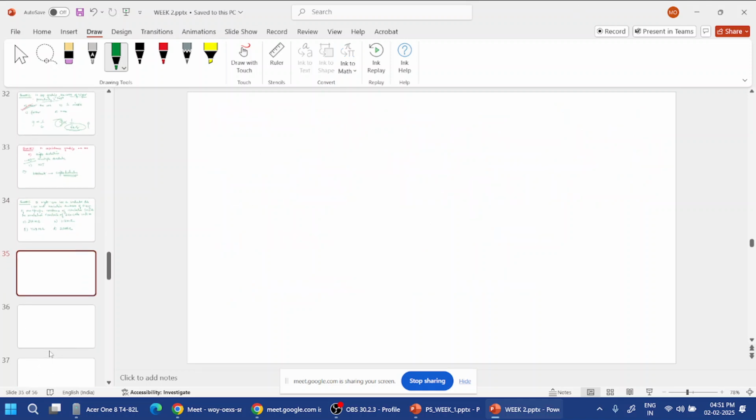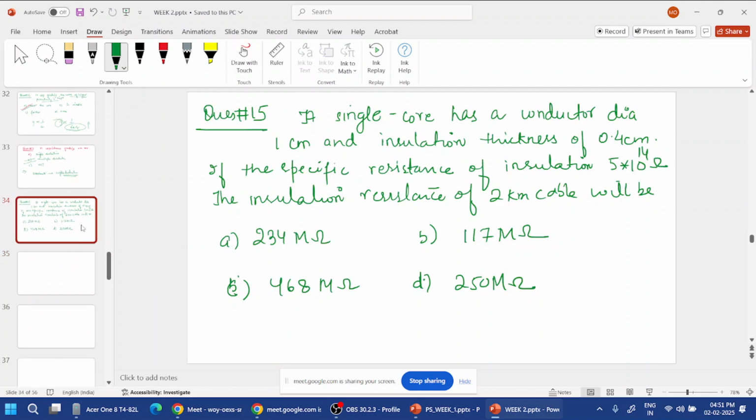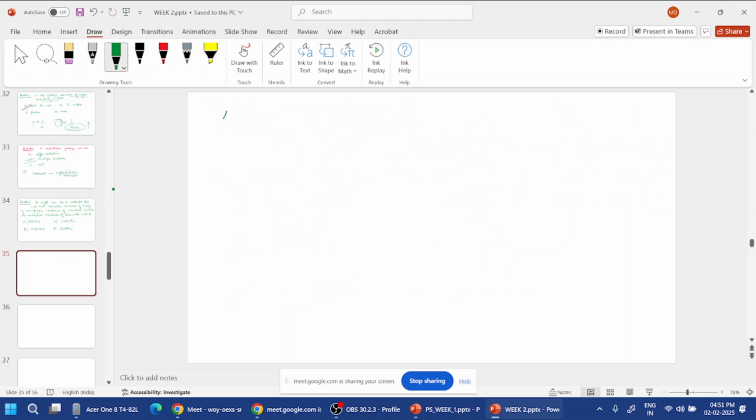So basically, let me solve it for you. Here the length of the cable is given: L is equal to 2 kilometer, which is 2000 meter. R1 is 1 by 2, which is 0.5.